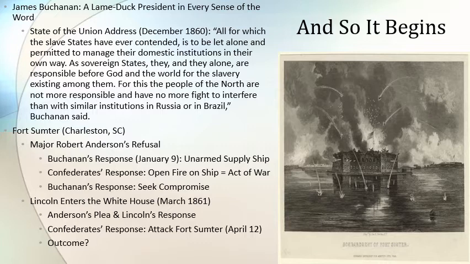As it approached on January 9th of 1861, Confederate cannons opened fire, forcing the ship to flee, therefore never bringing the supplies to the struggling American troops at Fort Sumter. Though an act of war, Buchanan actually refused to respond. He was not willing to go to war to preserve the Union, or to restore the Union, I should say.